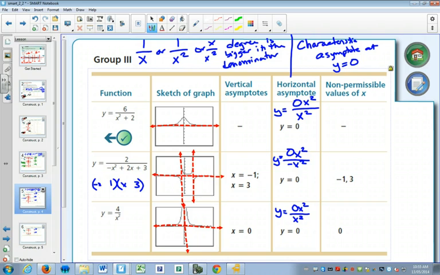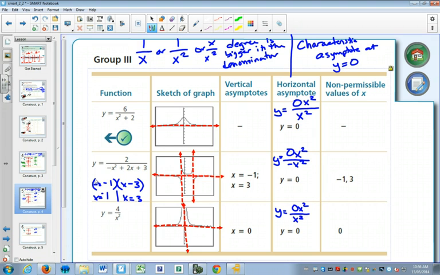No, this will be minus 3 and minus 1. That'll give me plus 3 in the end, plus 3 and minus 1, plus 2. So you'll get x equals 3, and here x equals negative 1. So once you factor that, sure enough, there's two non-permissible values, and that's where you get your asymptotes in this case.